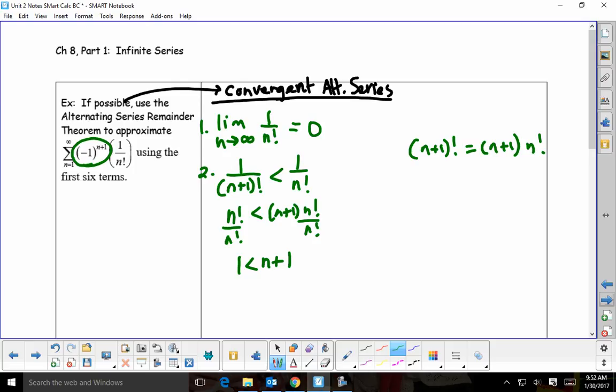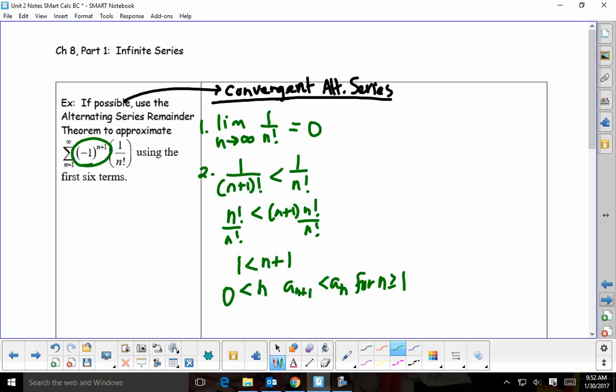Is that okay? Yeah. Okay. And so this is true for n greater than 0. So I can say a sub n plus 1 is less than a sub n for n greater than or equal to 1 is a true statement. And we could have said n greater than 0, but I like using the same number if possible from where it started.